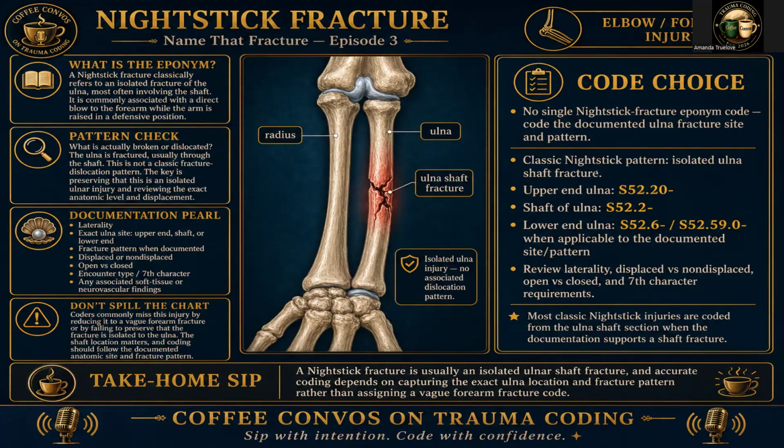So that is exactly the habit this episode is trying to correct. Okay, so our take-home SIP for a nightstick fracture reminds us that sometimes the forearm injury really is isolated, but only after we confirm the rest of the injury complex is actually intact.